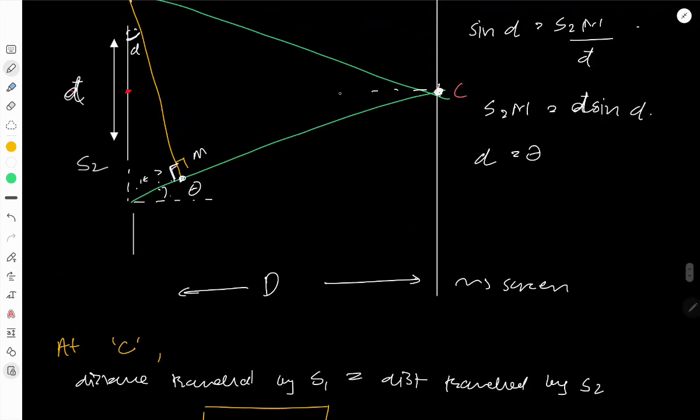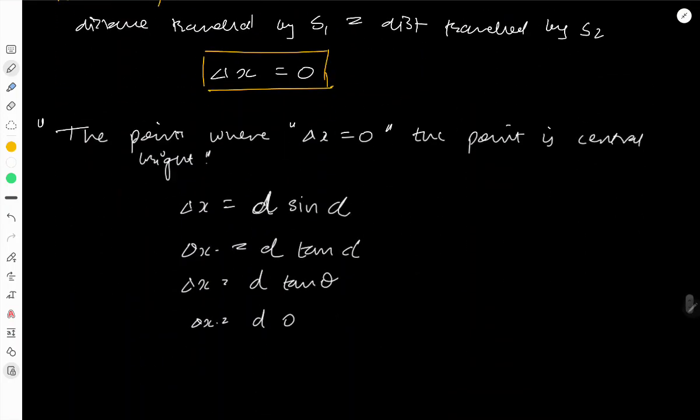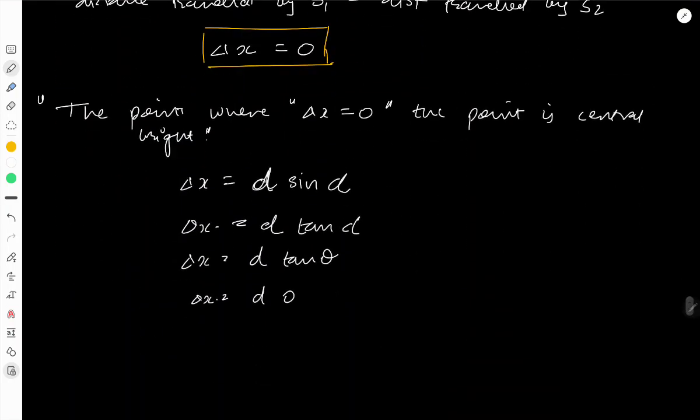So we are measuring all the distances from the central bright, hence the distance of the central bright from the central bright itself is 0, so the delta x becomes 0, and we proved.